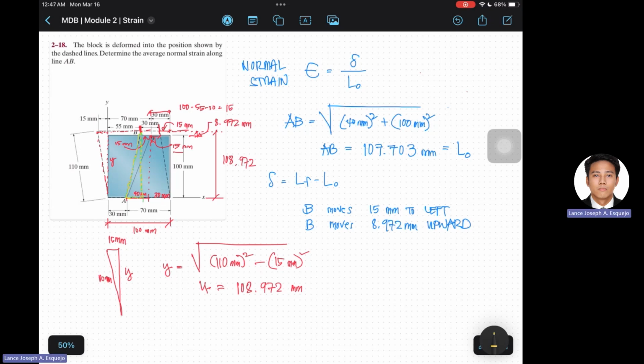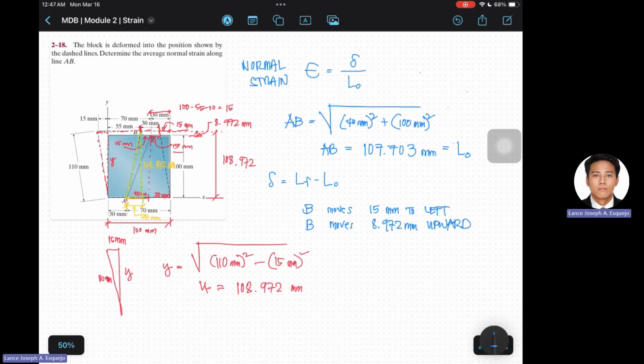So we know that B moves 15 mm to the left. Initially, meron tayong 40 millimeters and then it moves to the left by 15 mm. So the remaining will be 25 millimeters. And then it moves upward by 8.972. So yung height niya becomes 108.972 millimeters.